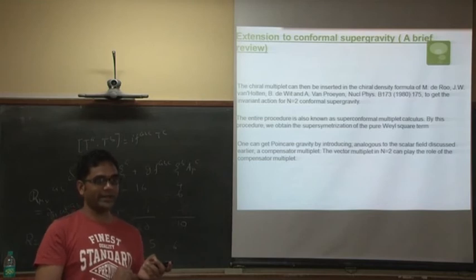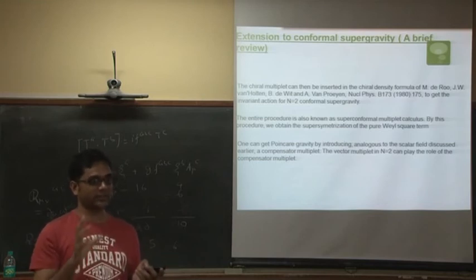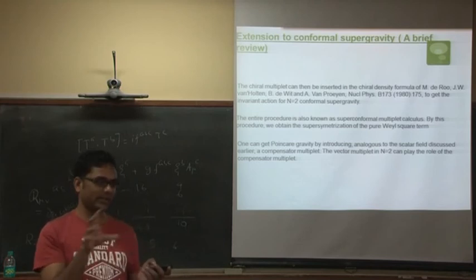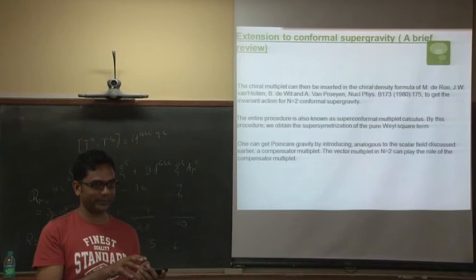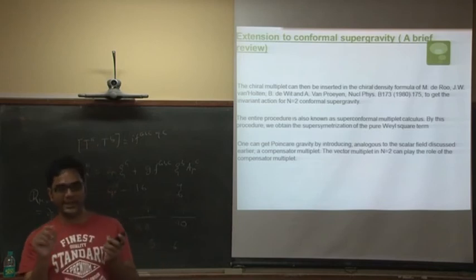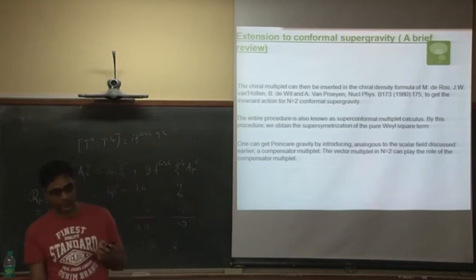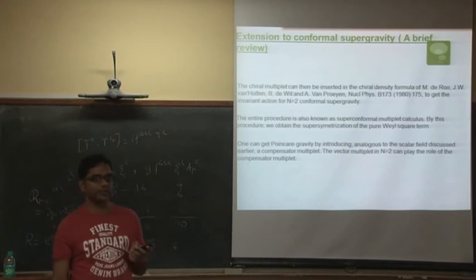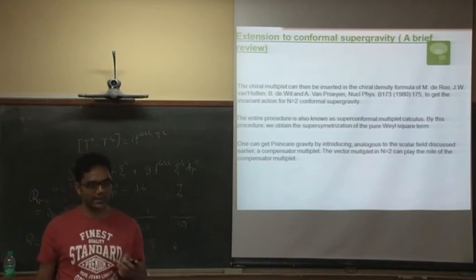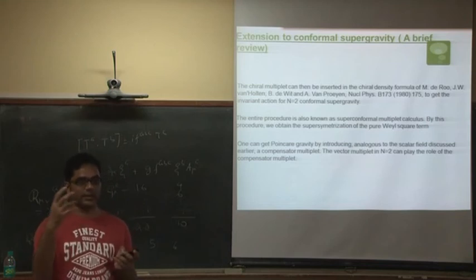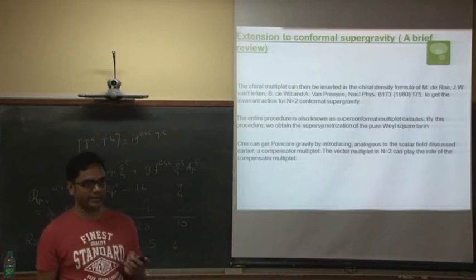Finally, Poincare supergravity will have 32 plus 32 degrees of freedom: 24 plus 24 coming from the Weyl multiplet, and 8 plus 8 coming from the vector multiplet. One of the gauge fields in the vector multiplet will play the role of the graviphoton field.